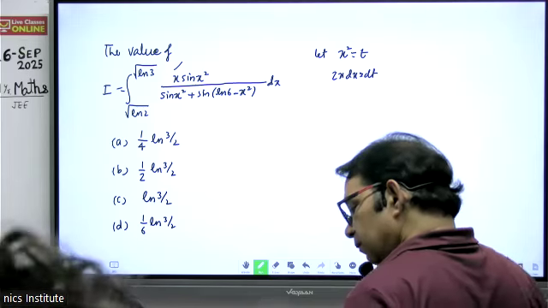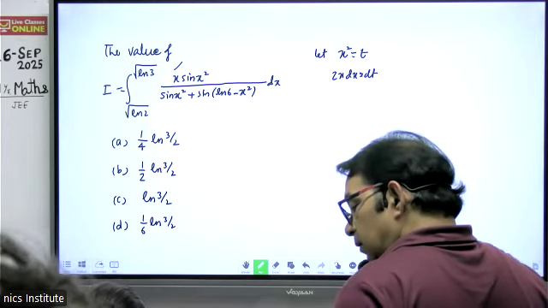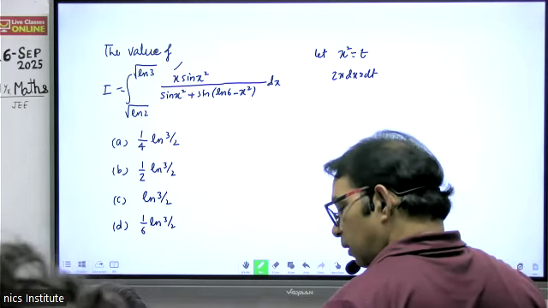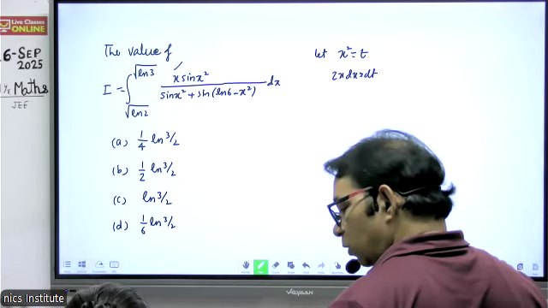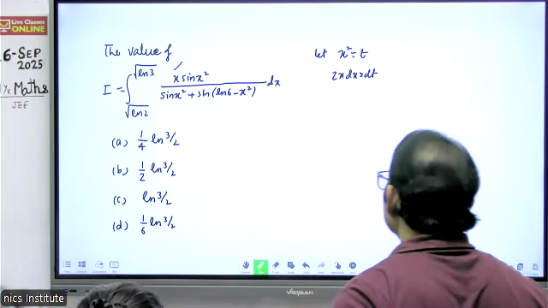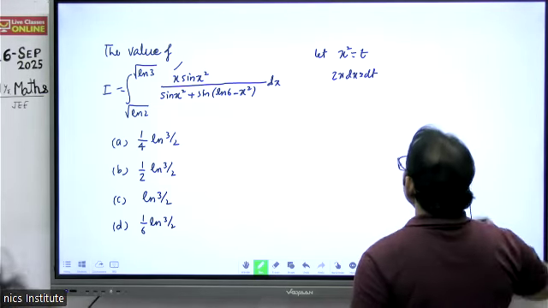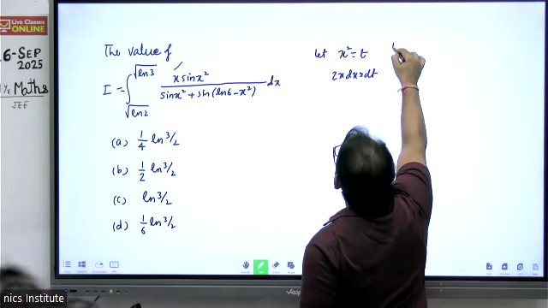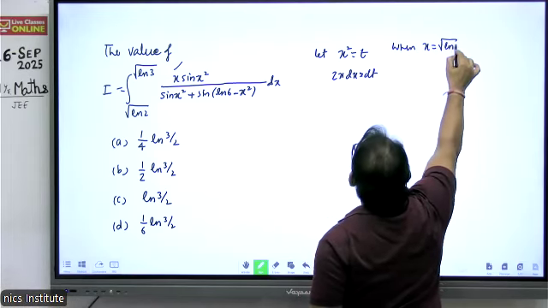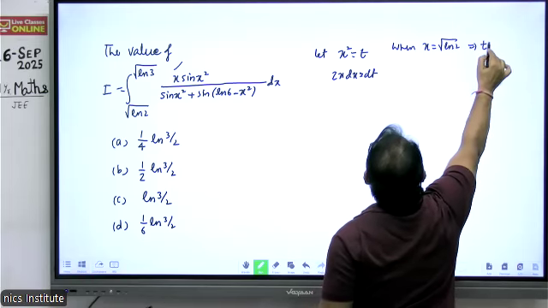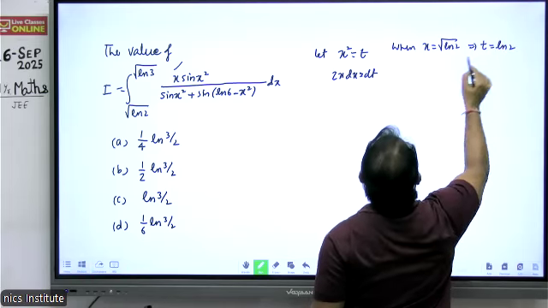Change the limits. When x is root ln2, t would be x square, so the root goes away basically, and here also the root goes. So you know how to change limits. When x is root ln2, t would be ln2.